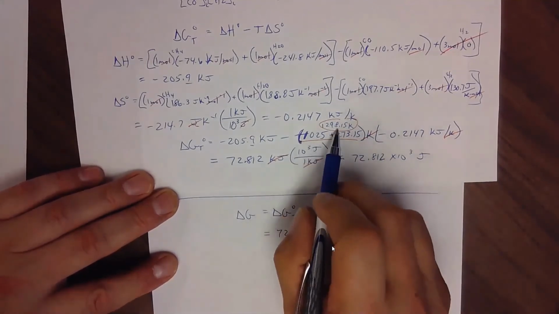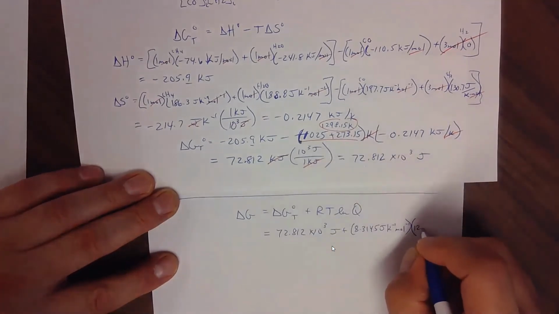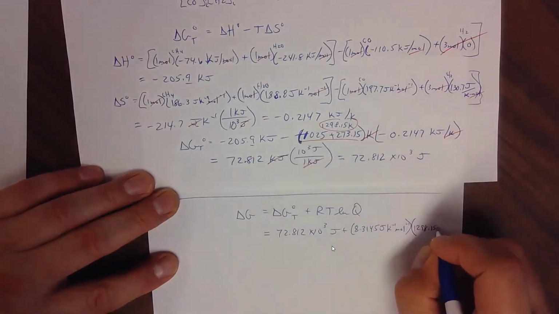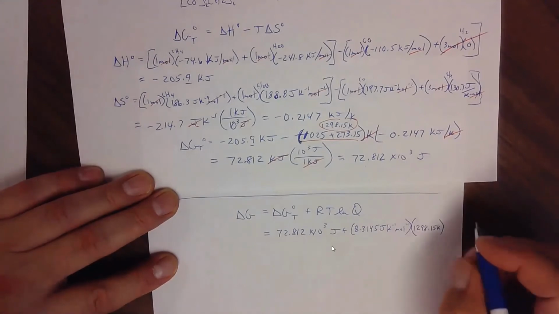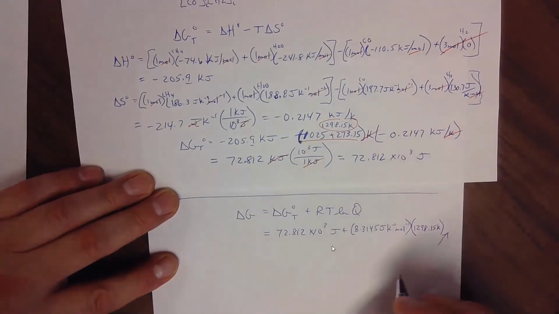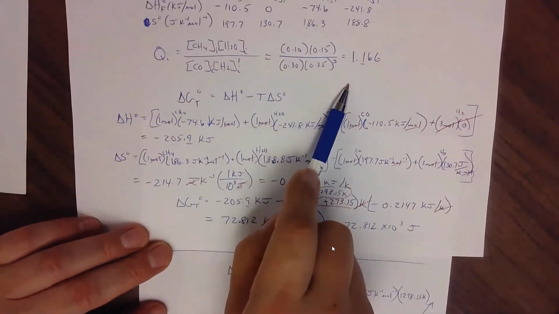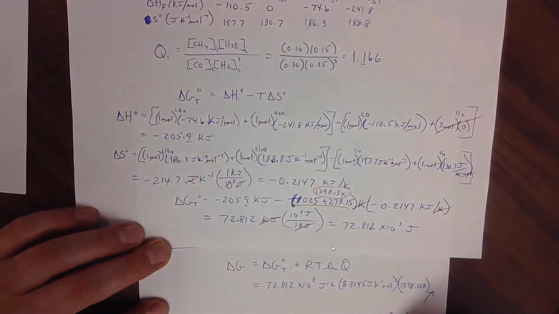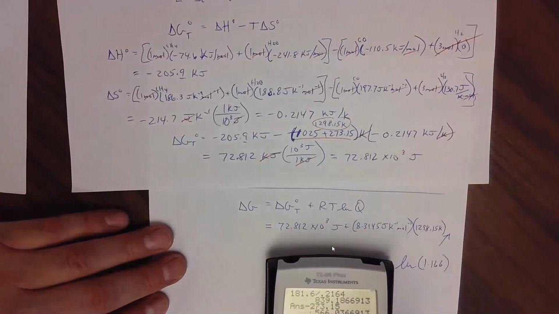Our temperature was at 1298.15 Kelvin. Okay, and then the ln of Q, which we determined earlier, is 1.166. And then I would plug that into my calculator.